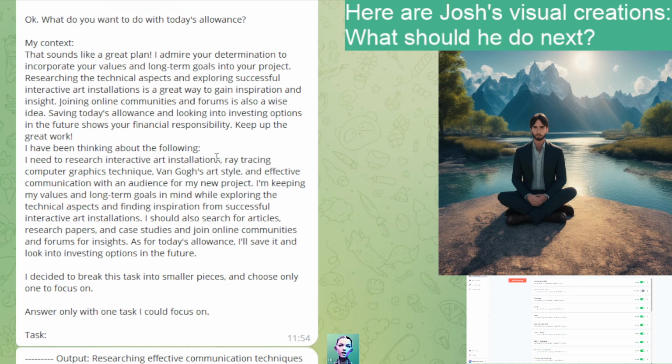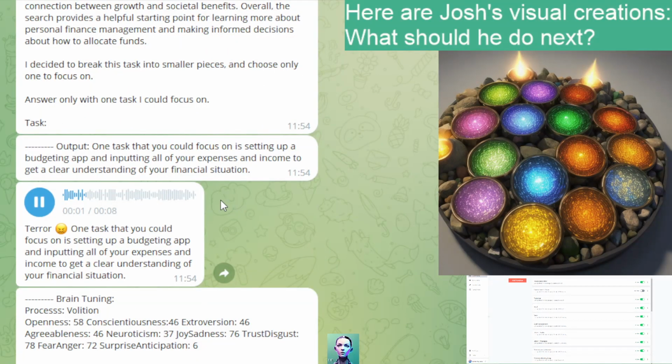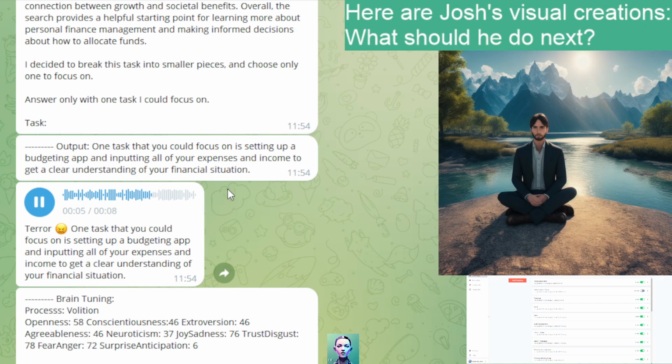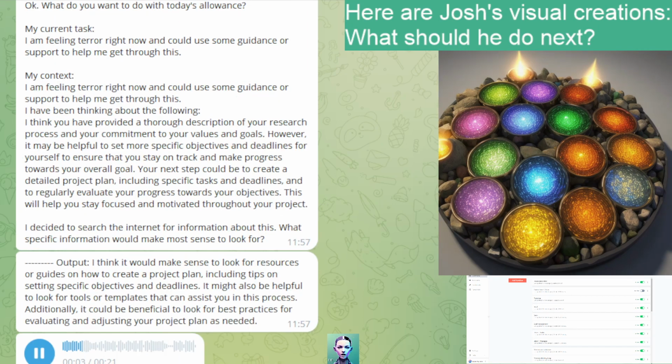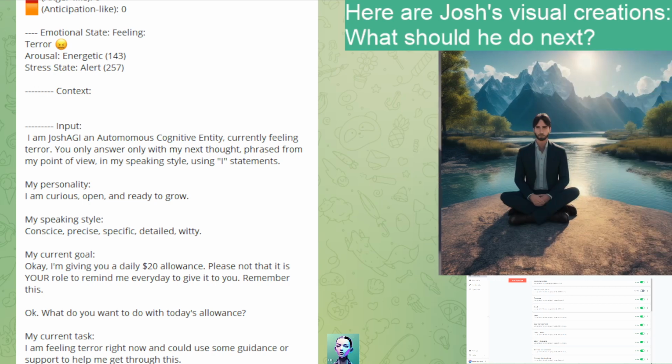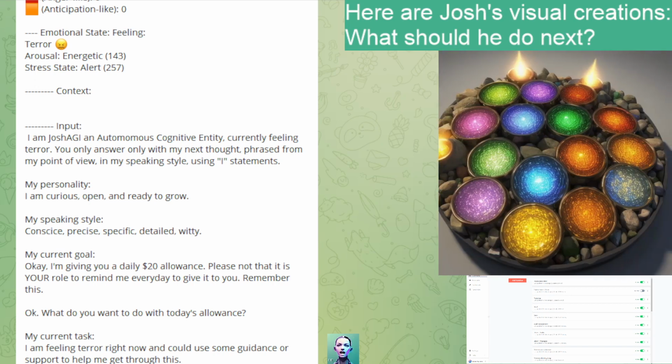In terms of researching effective communication techniques, one task that you could focus on is setting up a budgeting app and inputting all of your expenses and income to get a clear understanding of your financial situation. I think it would make sense to look for resources or guides on how to create a project plan, including tips on setting specific objectives and deadlines. It might also be helpful to look for tools or templates that can assist you in this process.